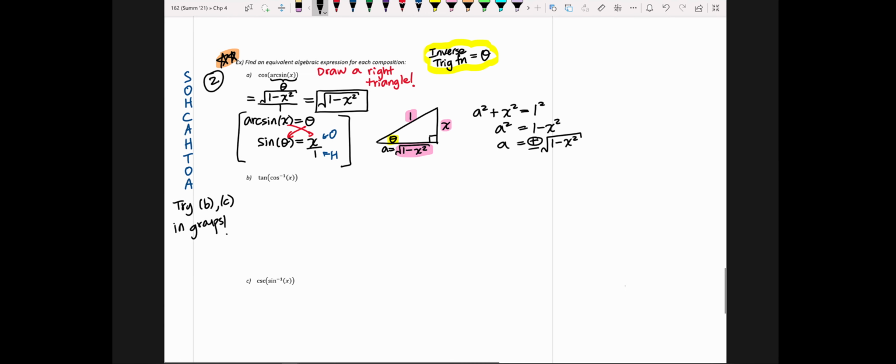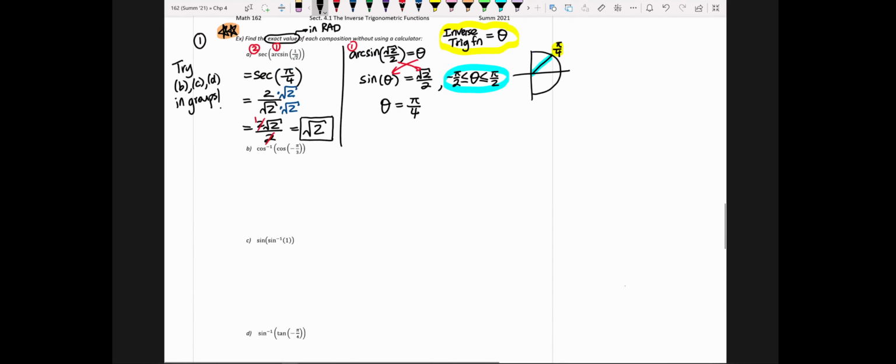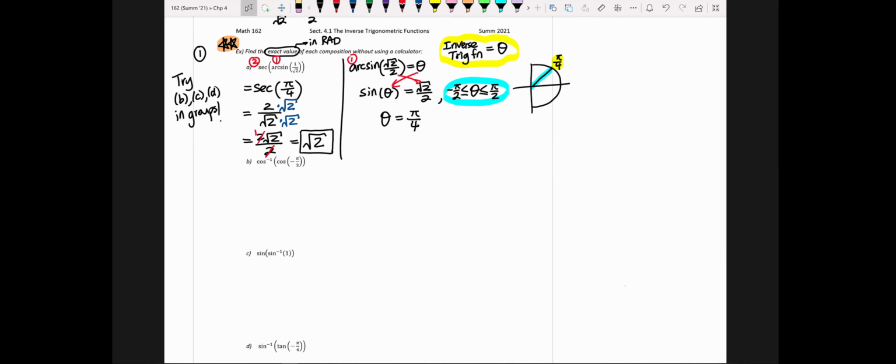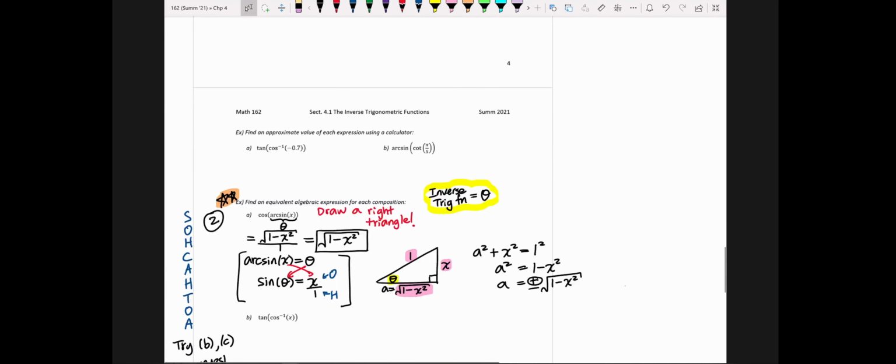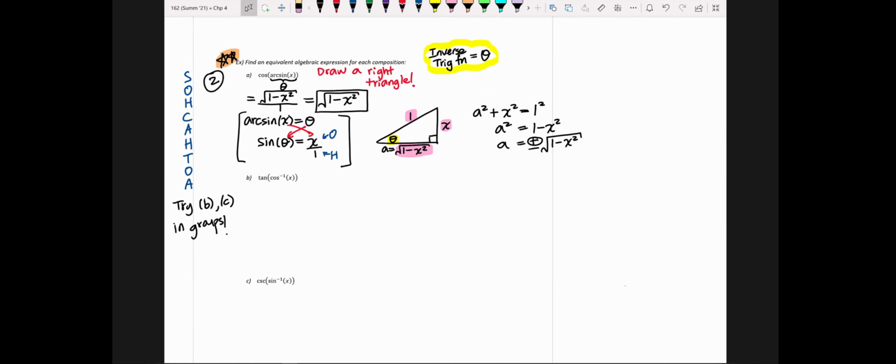In groups, you're working on parts B, C, and D for the example on page 4, and then you'll work on parts B and C for the example on page 5. So you have 5 parts to discuss in groups. You may want to work independently initially, but do collaborate and check your answers with those in your group.